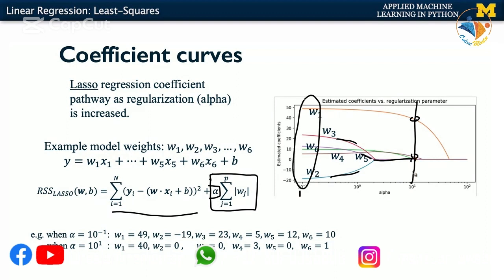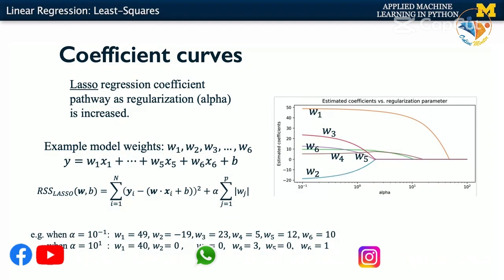So by the time we get to alpha equals 10, the models that are being produced have W2, W3, and W5 equal to 0. The only coefficients in the model that will have non-zero values will be the remaining coefficients, W1, W4, and W6. Okay, so at alpha equals 10, you can see that those are just ever so slightly non-zero.